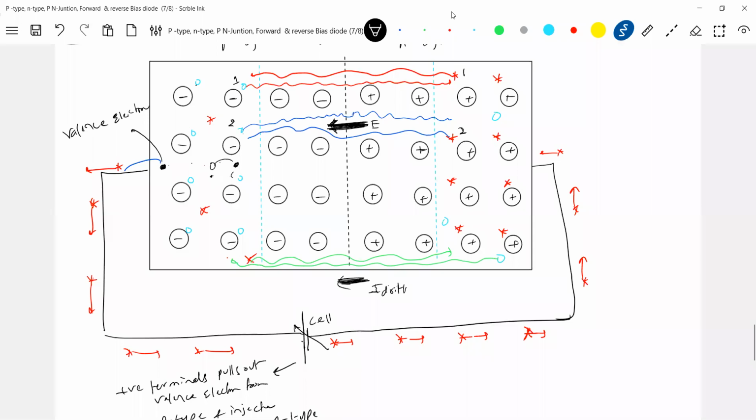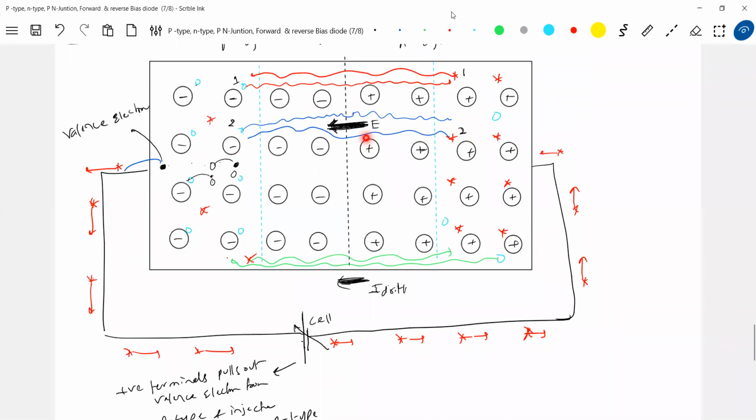Here electron, here hole. The hole which is present here, what does it do? It will pull out this valence electron. Electron has come, and here a hole will be there. So like that, the valence electron is moving and the hole is moving like this. What about here? Here it is the free electron itself.